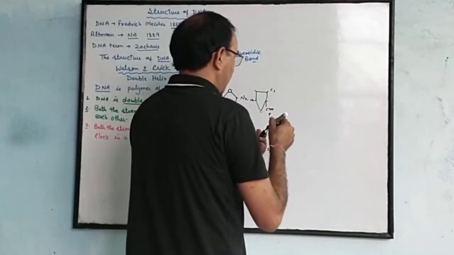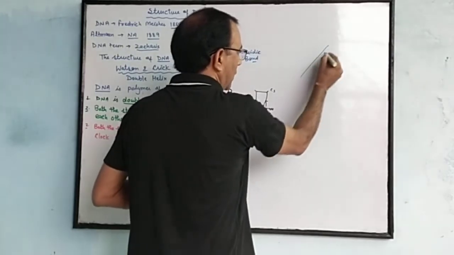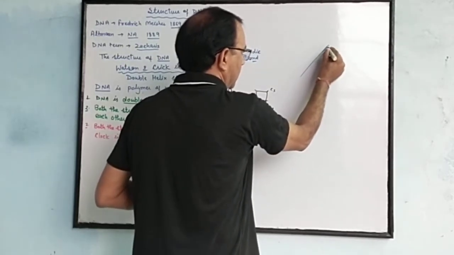First we draw the structure of a spiral stair. It contains two strands.